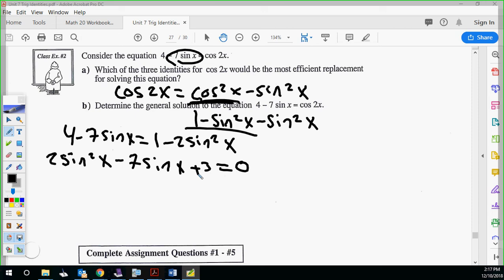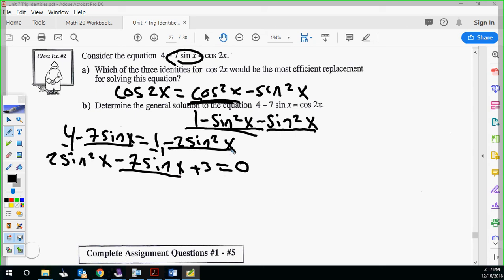Right here, Maddie: 1 minus sine squared x minus another sine squared x. So these are like terms. There's 2 of them. That's the same thing as an x squared and x squared. It's 2x squareds. Okay? All right, next question, Zoe. And so this is a positive 3. Sorry. You minus the 1, minus the 1. 4 minus 1 is 3. The 7 stays because we didn't move that. And then I added this over, so now it's positive.